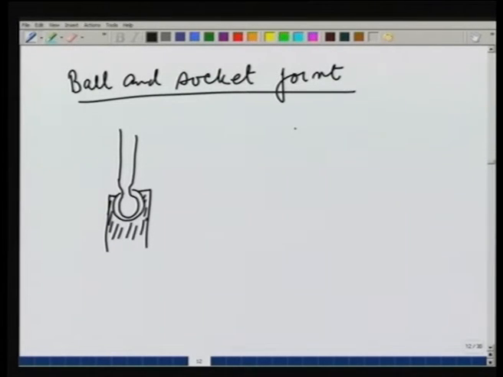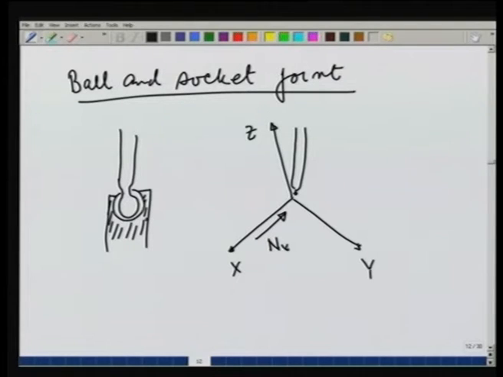So, a ball and socket joint, let me just show it like this, is capable of giving force in x, y and z all three directions. Let us say this is the z direction. On a socket joint, it can provide a force in x direction, y direction and z direction. This is the three dimensional counterpart of the pin joint or hinge joint of 2 dimensions.